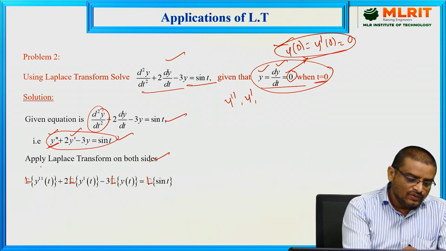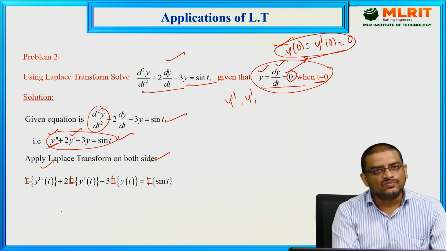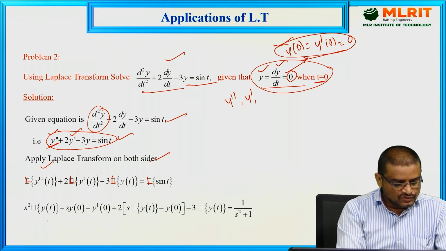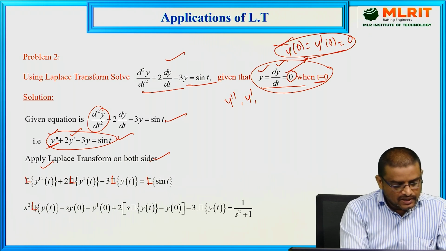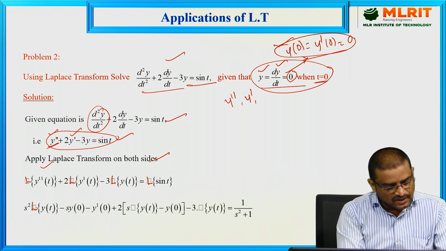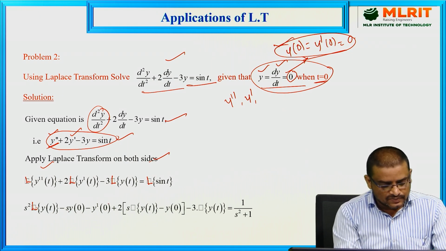Now here use the standard formulas, Laplace transform of y double dash and Laplace transform of y dash. So you will get s square into Laplace transform of y of t minus s into y of 0 minus y dash of 0.